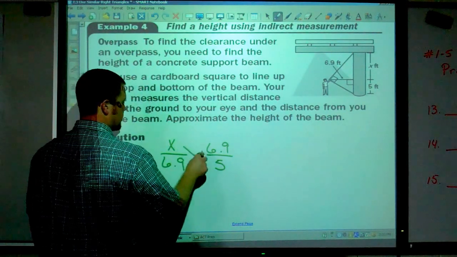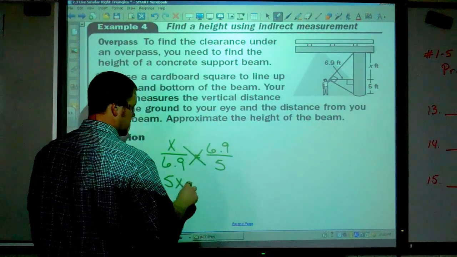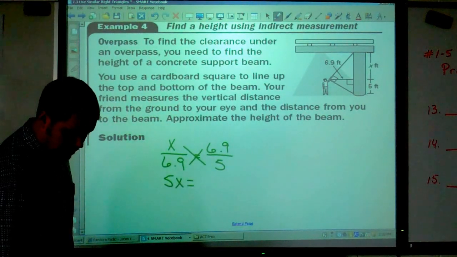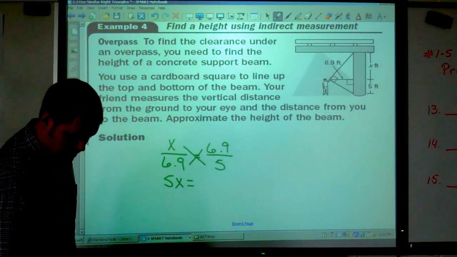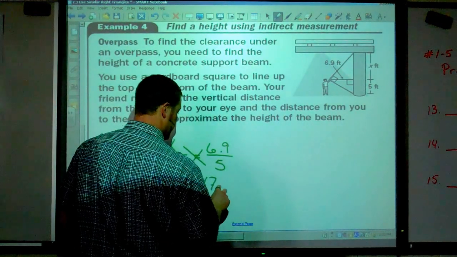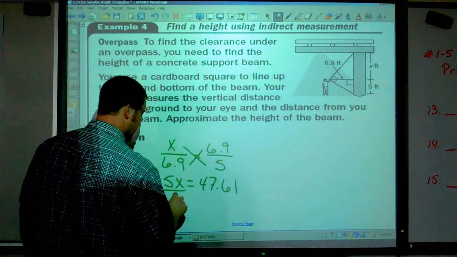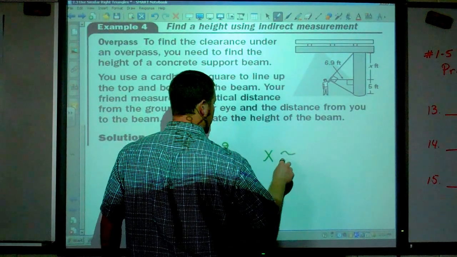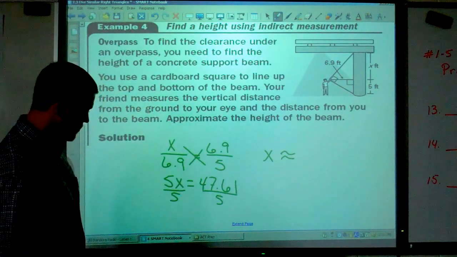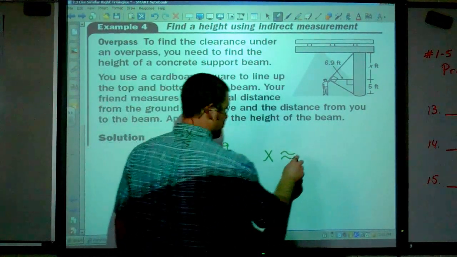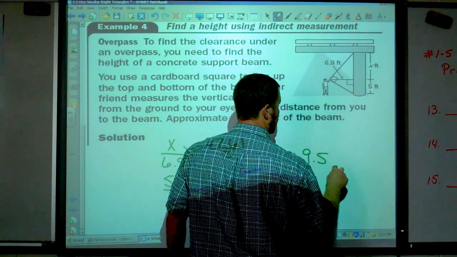So, solve your proportion. 5x equals 6.9 squared is 47.61 divided by 5. So x is about 9.5 feet.